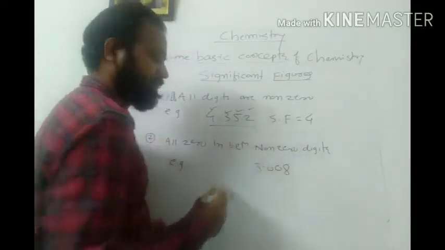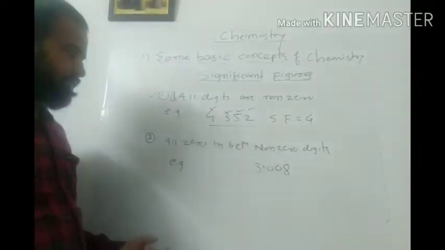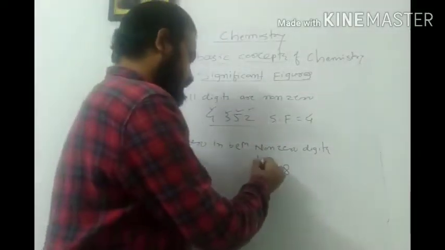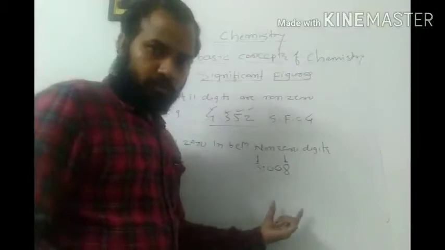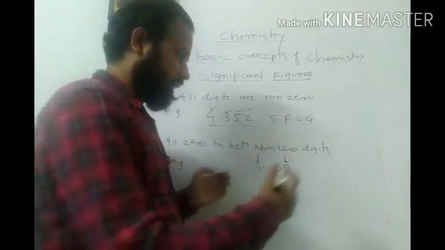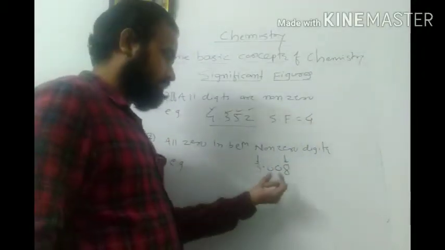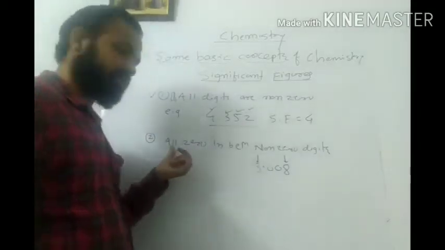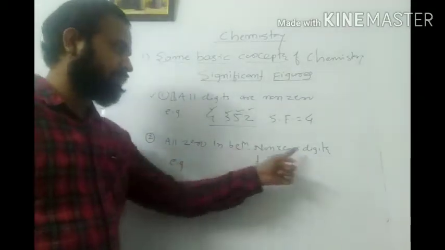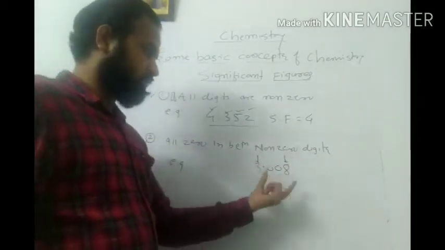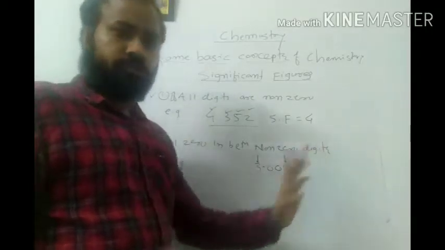In this example, the first and last digits are non-zero and the zeros are trapped between them. As per the rule, all zeros in between non-zero digits are also significant.